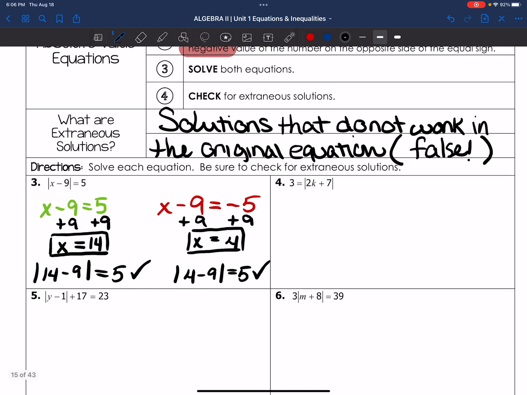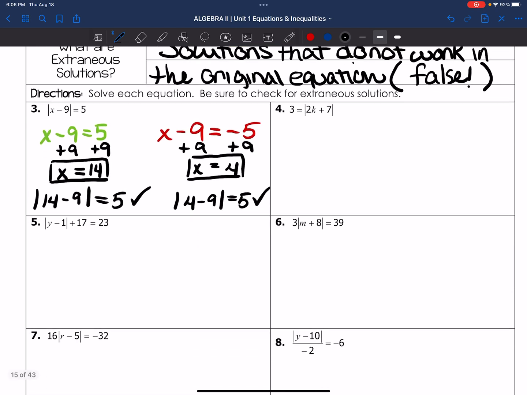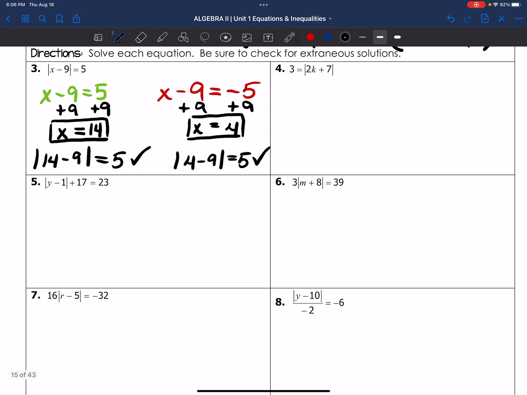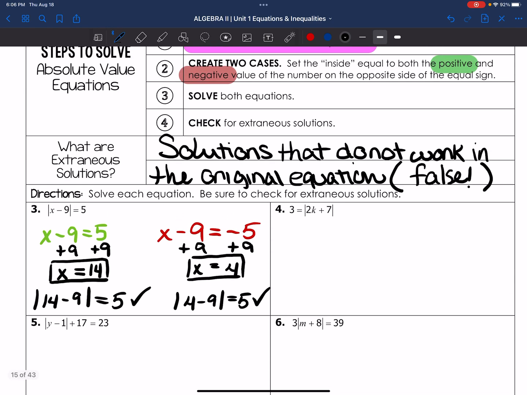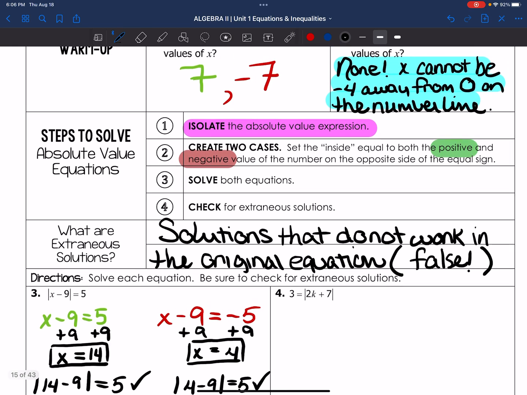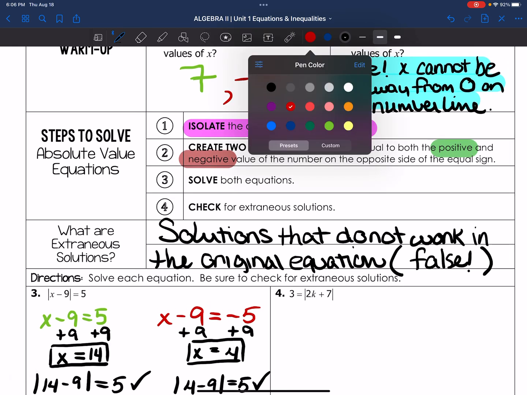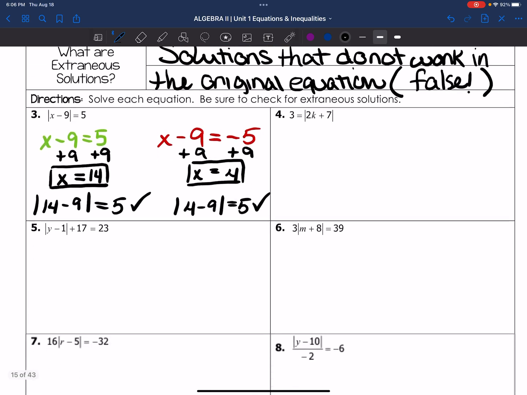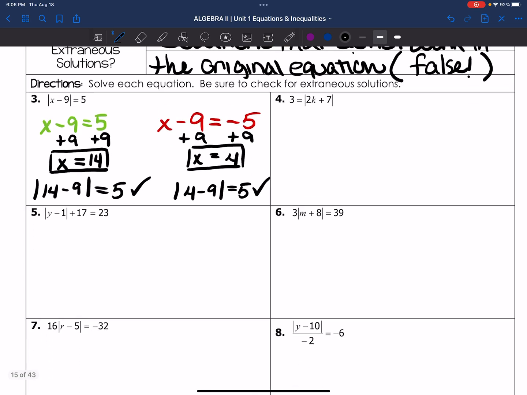All right, ladies and gentlemen, let's look at this problem 5 together. Problem 5, like I already mentioned, is going to need us to take care of step number 1, which is isolating our absolute value equation. We'll do that by subtracting 17 on each side.